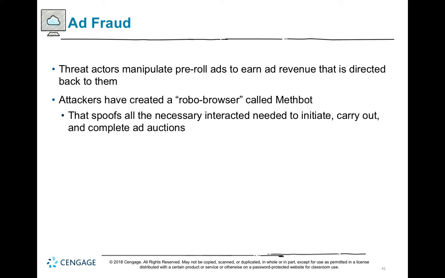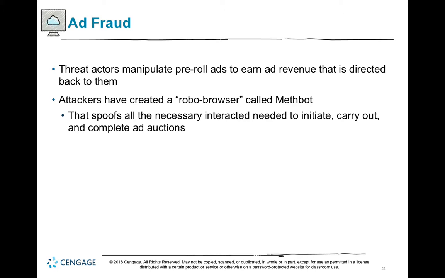So attackers have found a way to replicate that activity to make it look like a user is visiting YouTube or whatever site, and that prompts the pre-roll process where different companies are bidding on which advertisement to play.